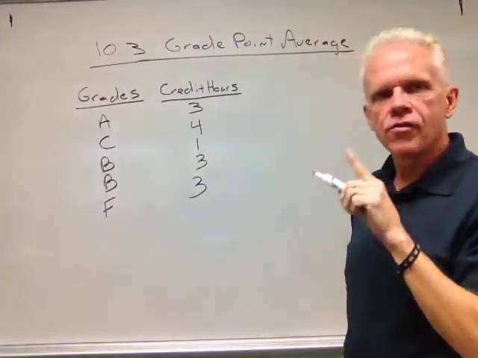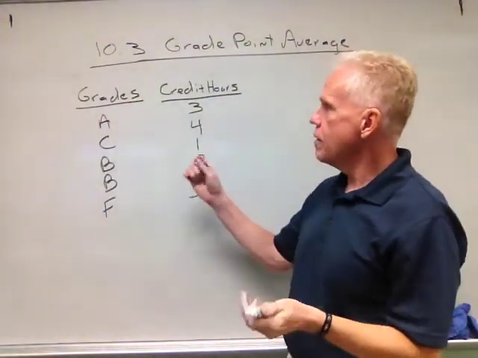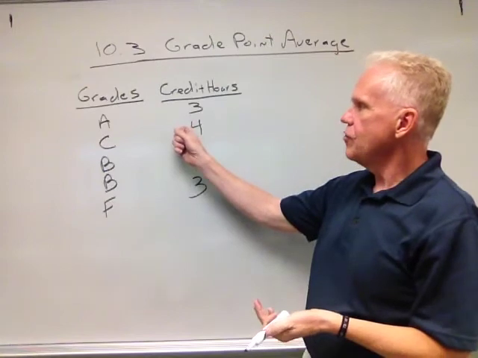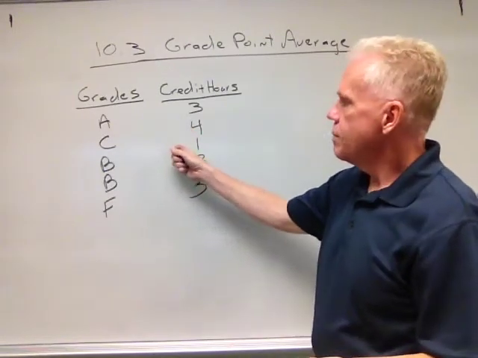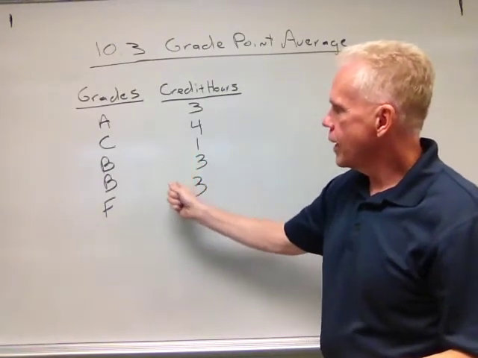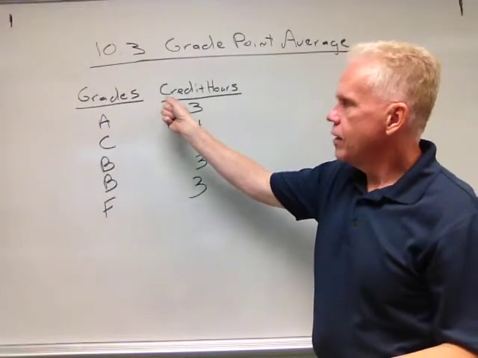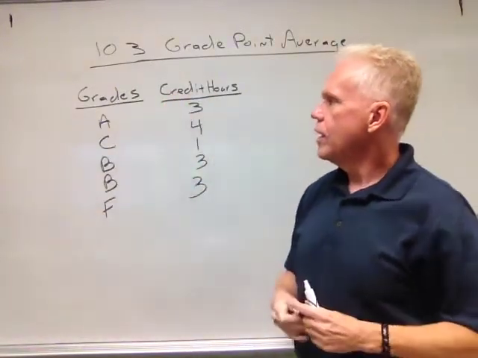Those are my credit hours. This is probably like a biology lab or something. This maybe is like a PE course. These are regular English, math, and sociology, but 3 credit hours, 4 credit hours, 1 credit hour, and so on.